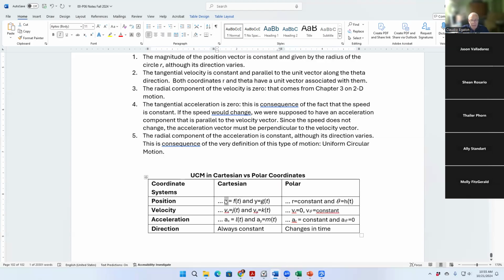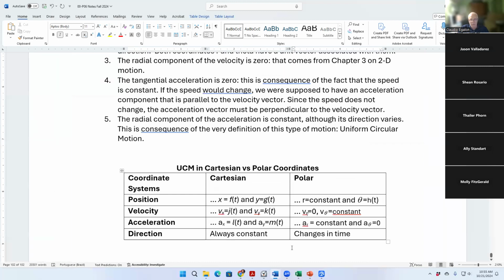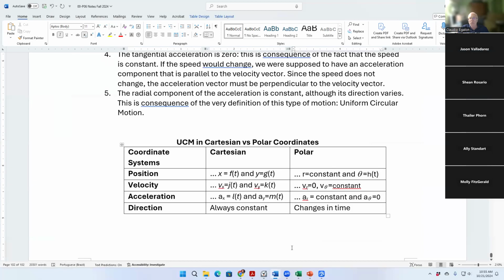Let me make it look nicer. Okay, here you go. But in uniform circular motion, there is no radial component of the velocity, right? See that v sub r is equal to 0. The particle is not moving away from the center of the circle. It's moving around the center of the circle, right?